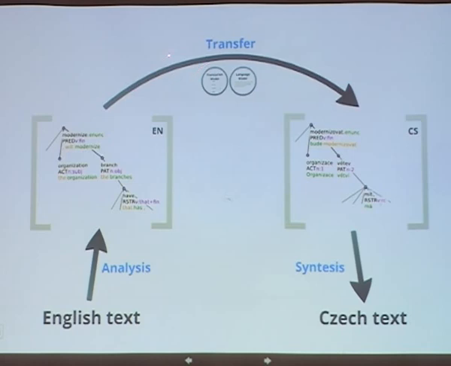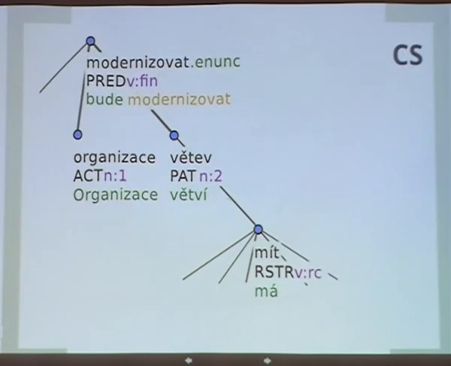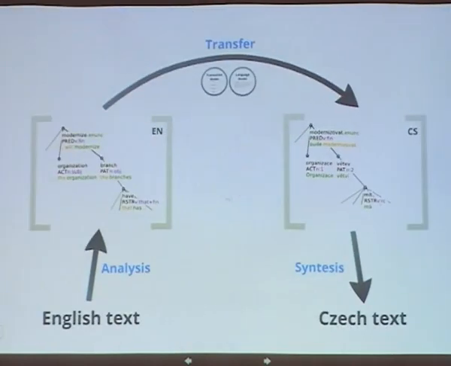So this is the transfer. Then you get the Czech tree where this branch was incorrectly translated, and then you perform synthesis to get the surface text.